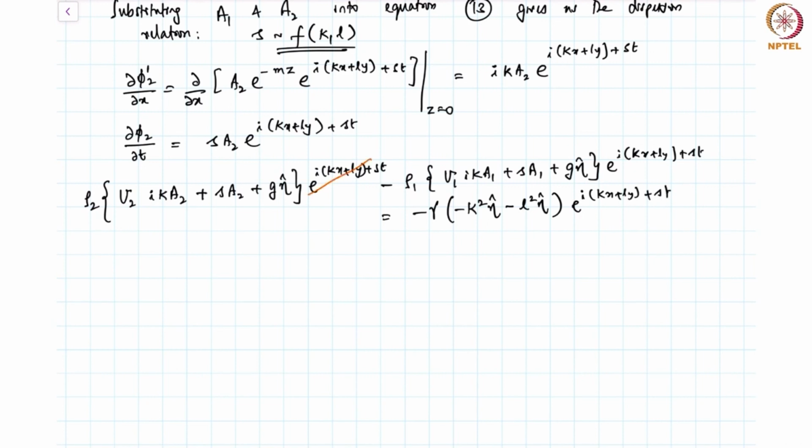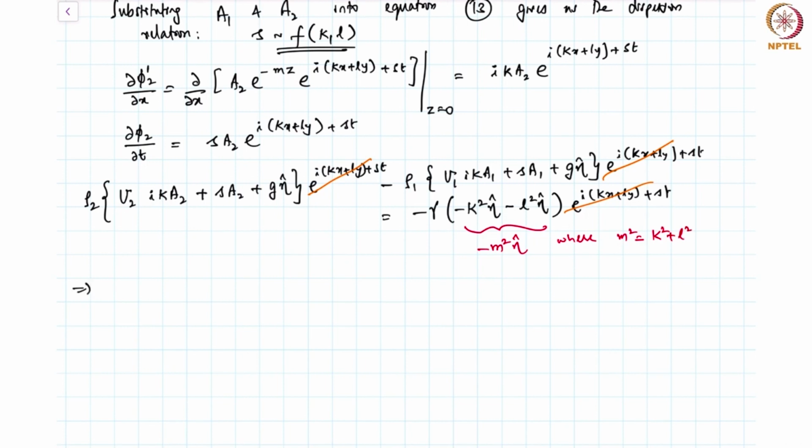I can cancel out the exponential terms on both sides. I also can recognize that this quantity here is minus m square of eta hat, where m square is k square plus l square.